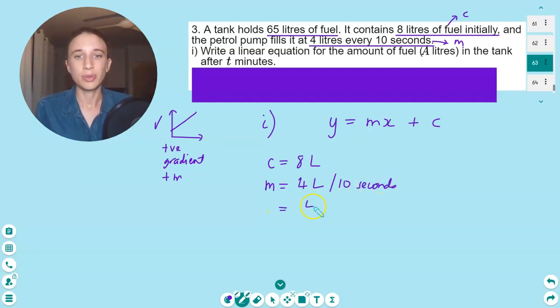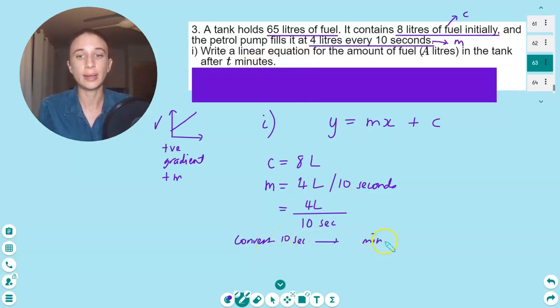Now, it's important. These can be quite confusing. 4 litres per 10 seconds is the same as 4 litres, you can rewrite that as a division, like a fraction. So 4 litres every 10 seconds, but we want our equation in minutes. So I'm going to convert 10 seconds to minutes.